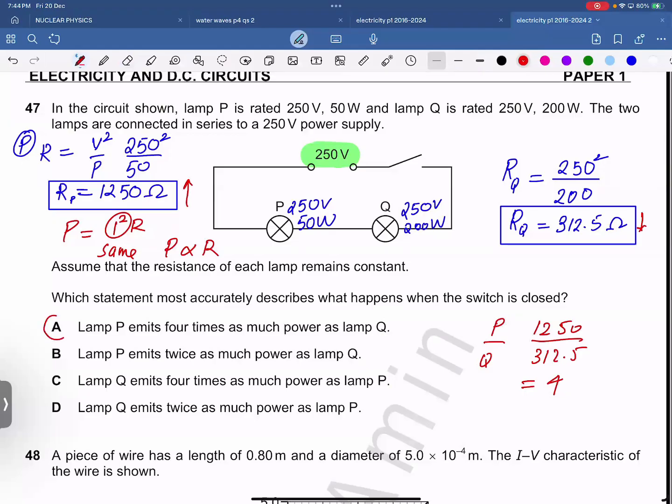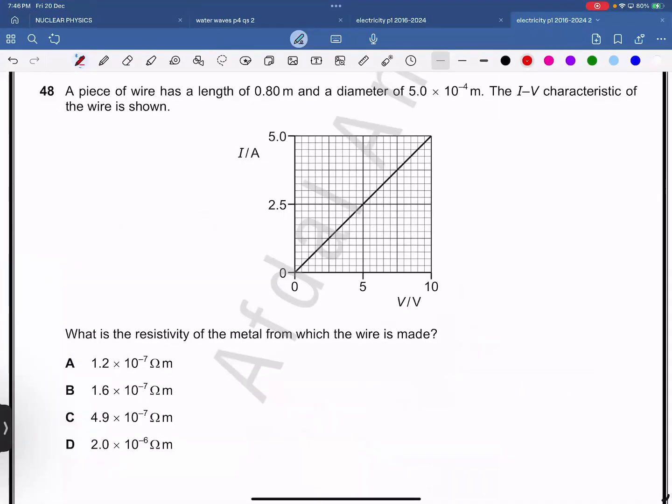Option A. A piece of wire has a length of 0.80 meter and a diameter of 5 times 10 power minus 4. What is the resistivity?